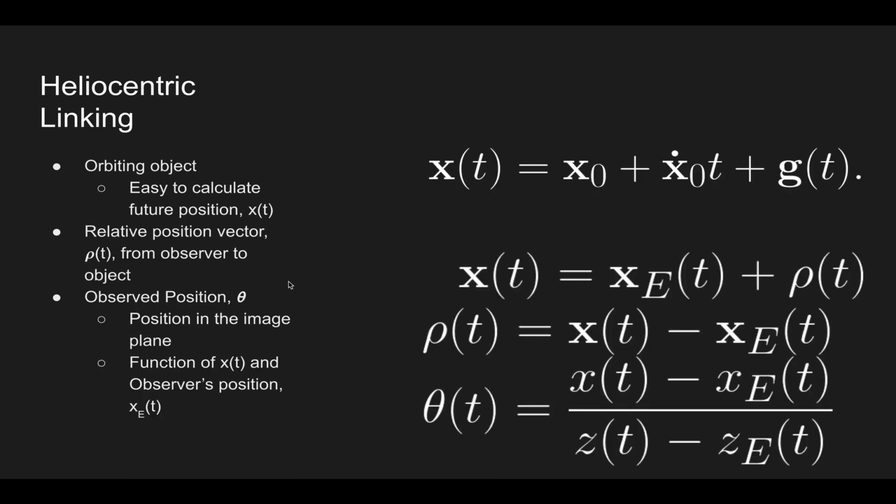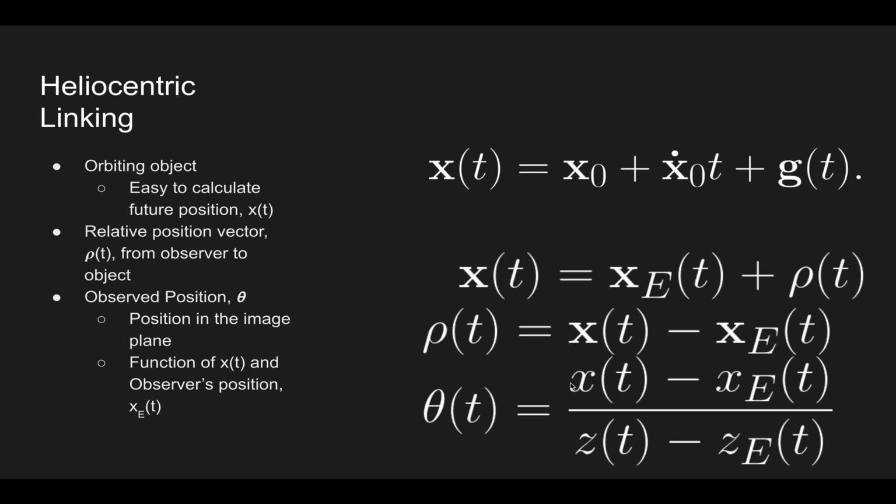So what is the observed position theta going to be as a function of time? Well, we can get that from the difference between the position of the object x and the position of the observer xe. We can turn that into some angular coordinates that are varying as a function of time. The observer positions we know very well. We know where the TESS spacecraft is as a function of time.